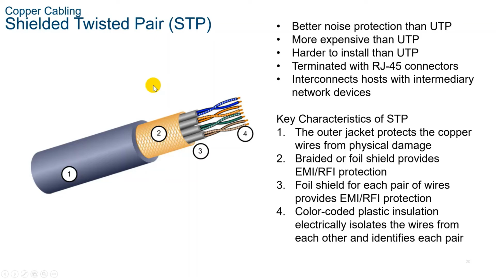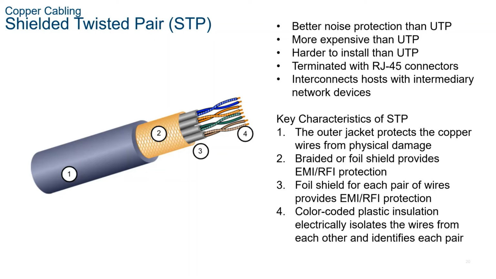STP cable combines the techniques of shielding to counter EMI and RFI and wire twisting to counter crosstalk. To gain the full benefit of shielding, STP cables are terminated with special shielded STP data connectors. If the cable is improperly grounded, the shield will act as an antenna and pick up unwanted signals.